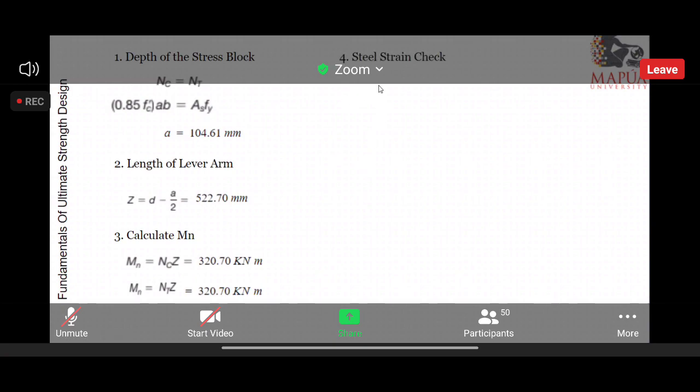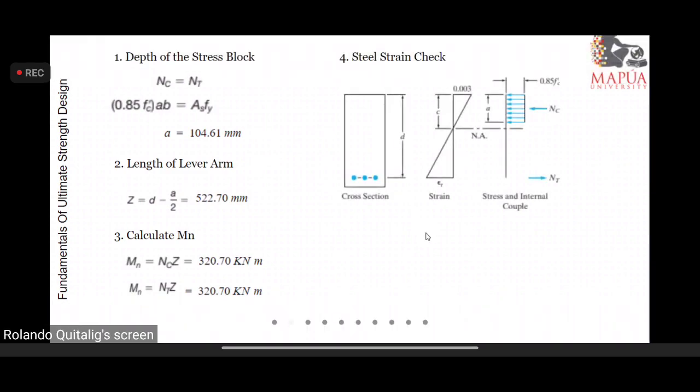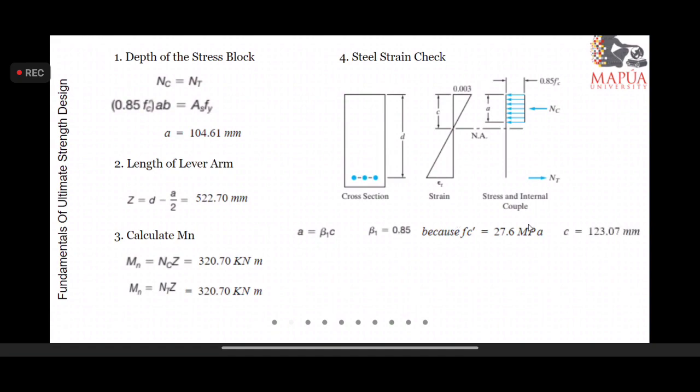Then we check the strain. For the strain, we have the following consideration: 0.003 for that extent. So A is equal to beta 1 C. We know that already, because of this magnitude, beta sub 1 is 0.85. C then can be calculated as 123.07 millimeters.